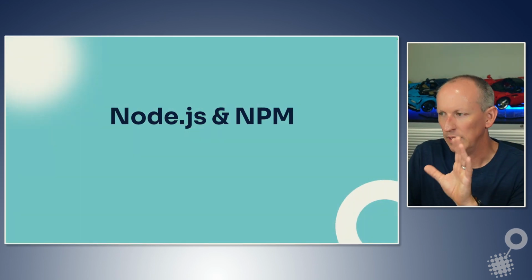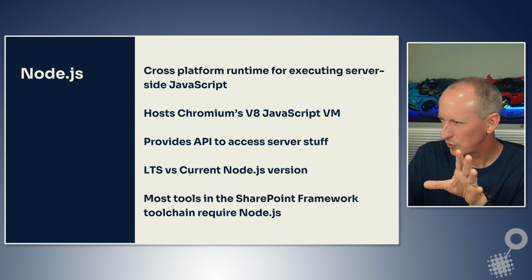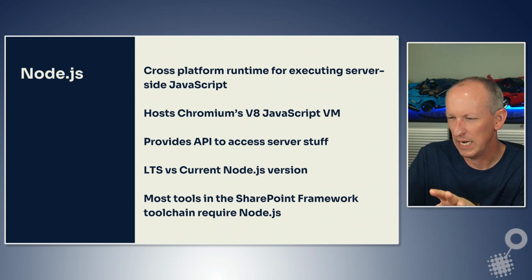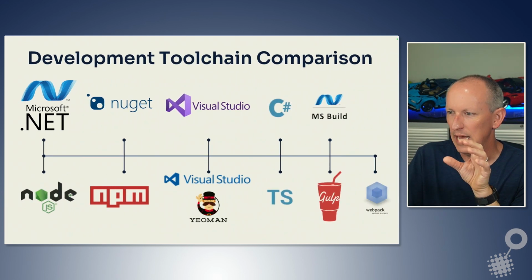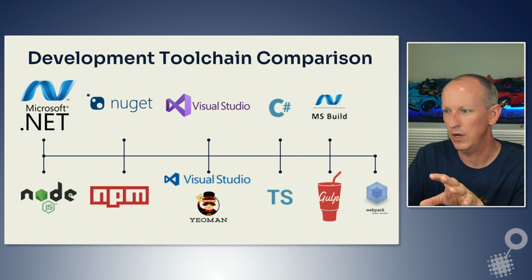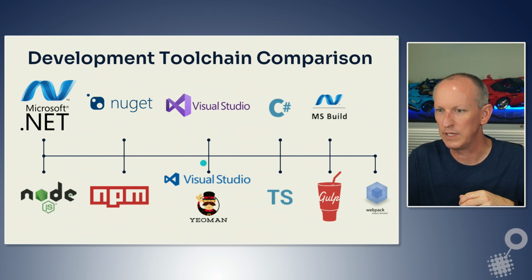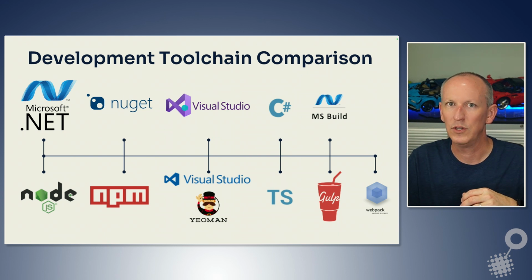So let me just talk a little bit here about Node and NPM. In the interest of time, I'm going to go through this stuff kind of quick. This slide explains, if you're an old school .NET developer, here are the tools that you're used to using, and here's the stuff that we use for the SharePoint Framework, and it kind of maps.